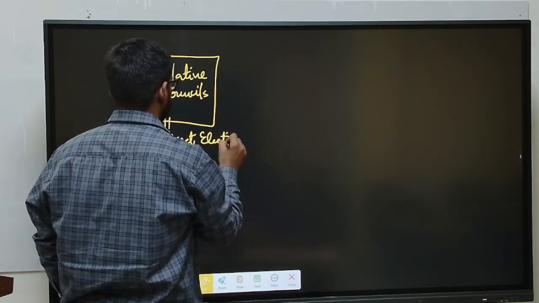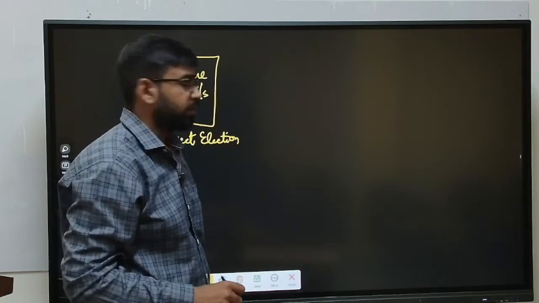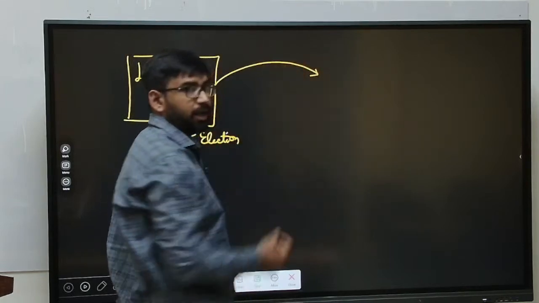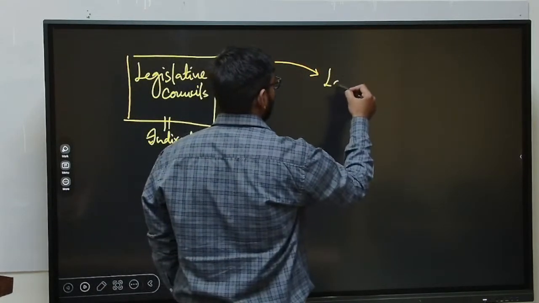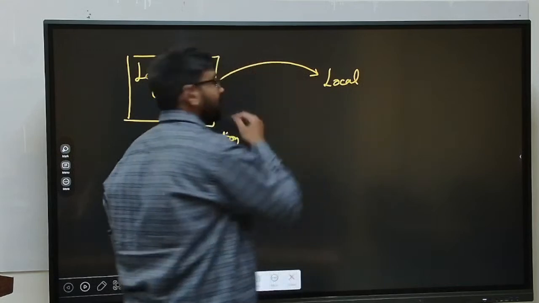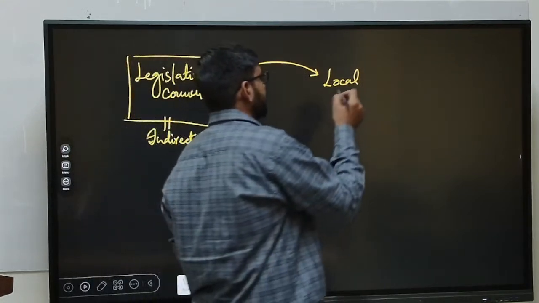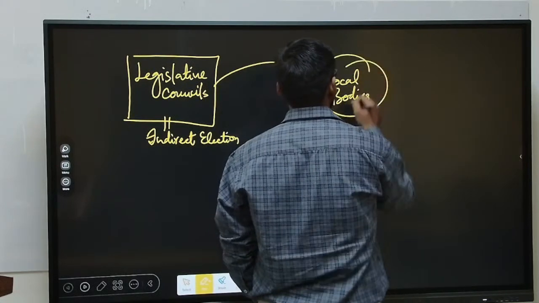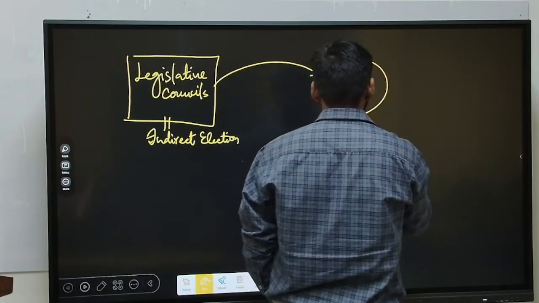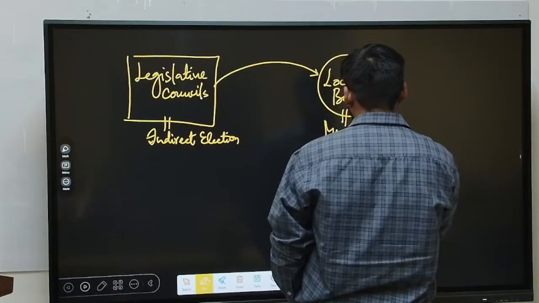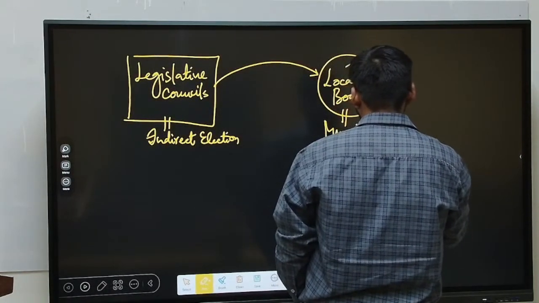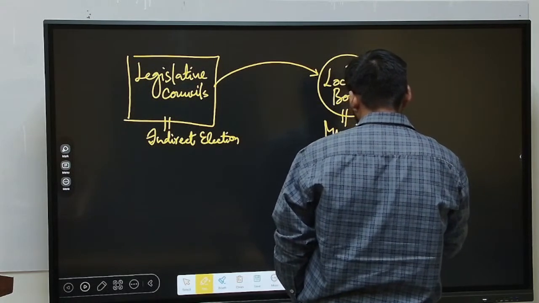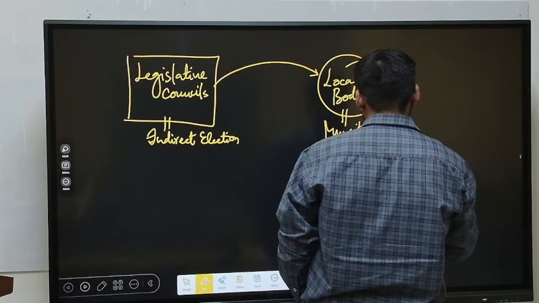Indirect election was introduced. Now, these people were elected by local bodies. So the members of legislative councils were elected by local bodies, that is, municipal corporations or district boards, etc.